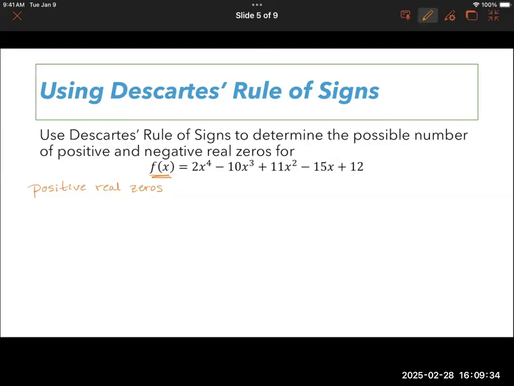Here we're going from a positive 2 to a negative 10, so that's one sign change. Then from a negative 10 to a positive 11, so there's another one. From a positive 11 to a negative 15 is another one. And then from a negative 15 to a positive 12. So there are 1, 2, 3, 4 sign changes in this function.